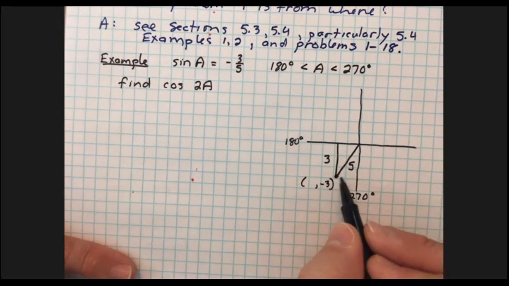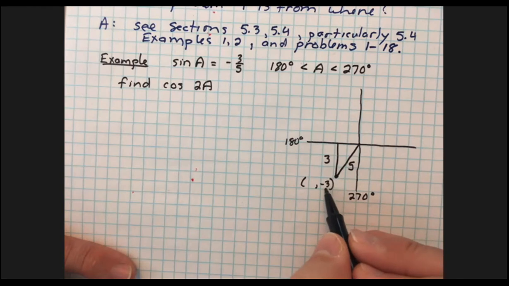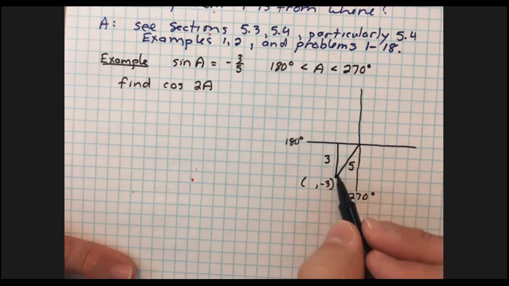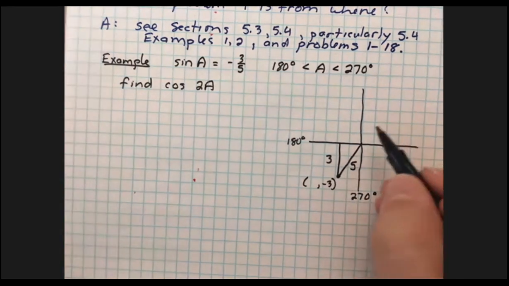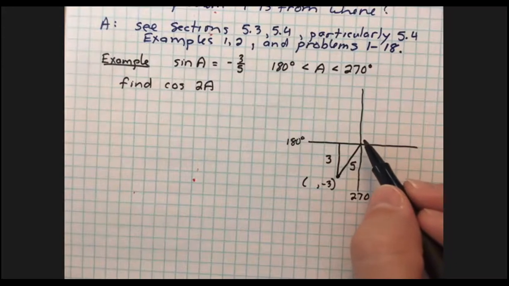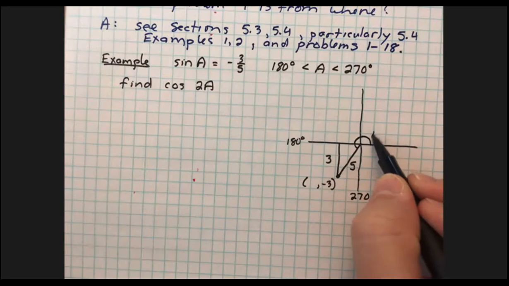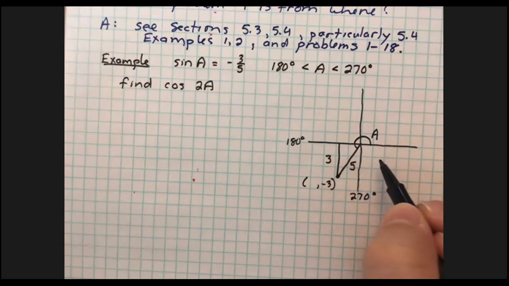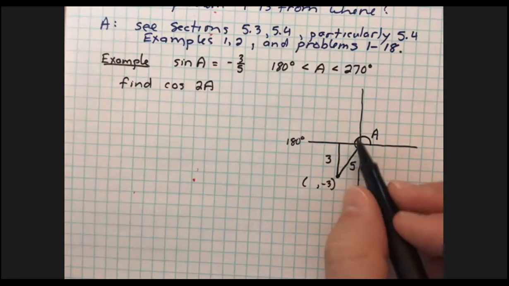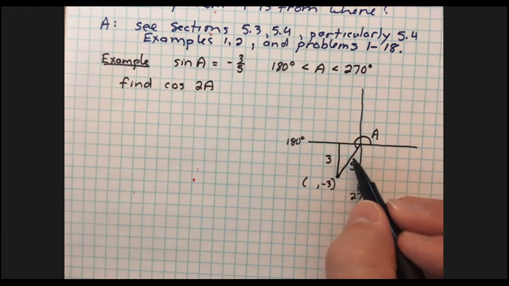is minus 3 over 5. The y coordinate is negative, even though I labeled that side with a positive 3. This is the angle A, because they said A is between 180 and 270. I need to find the x coordinate now.